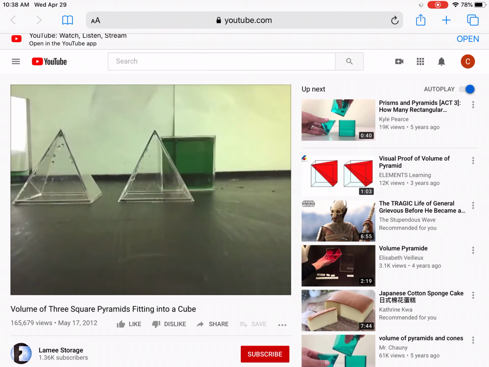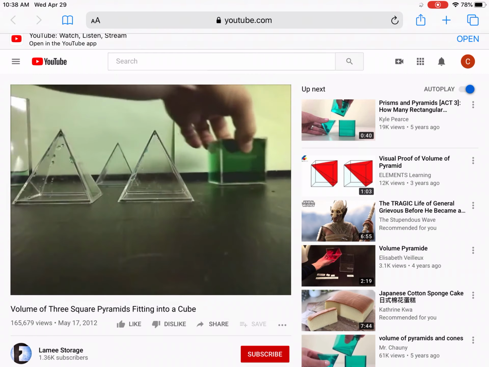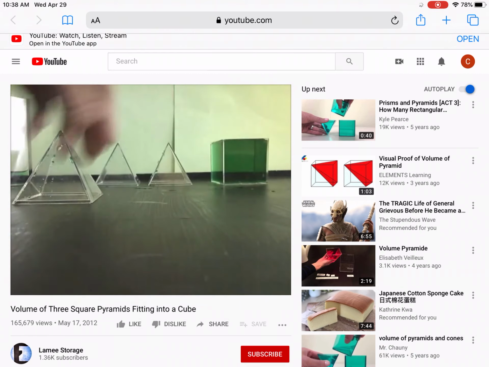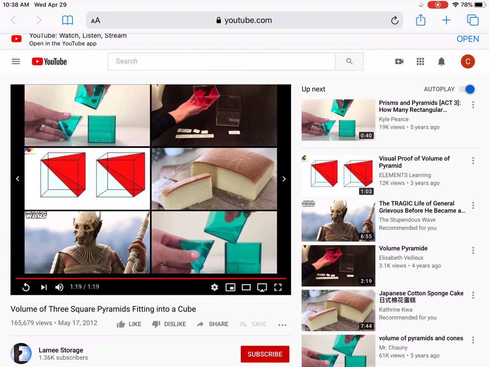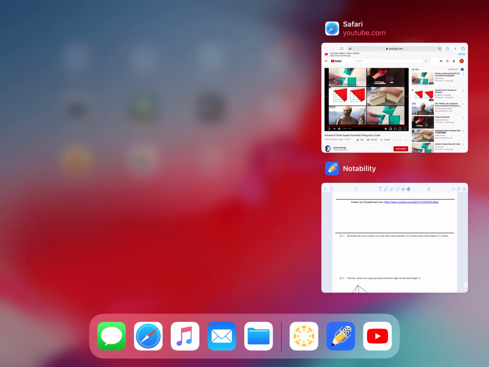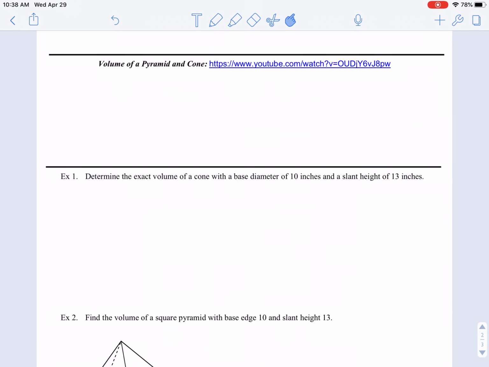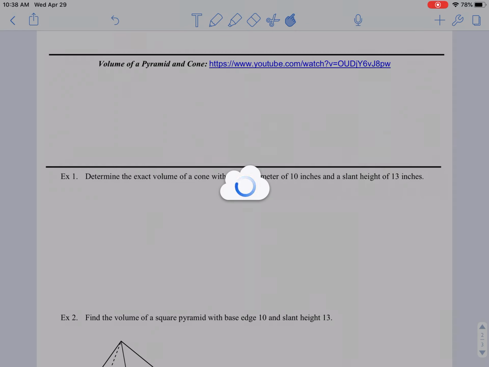What is the relationship between the volume of the pyramid and the volume of the prism? How many pyramids fit into the prism?